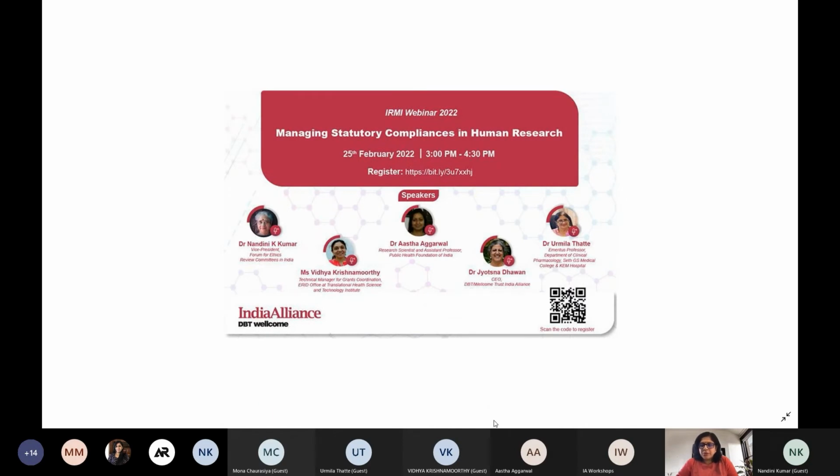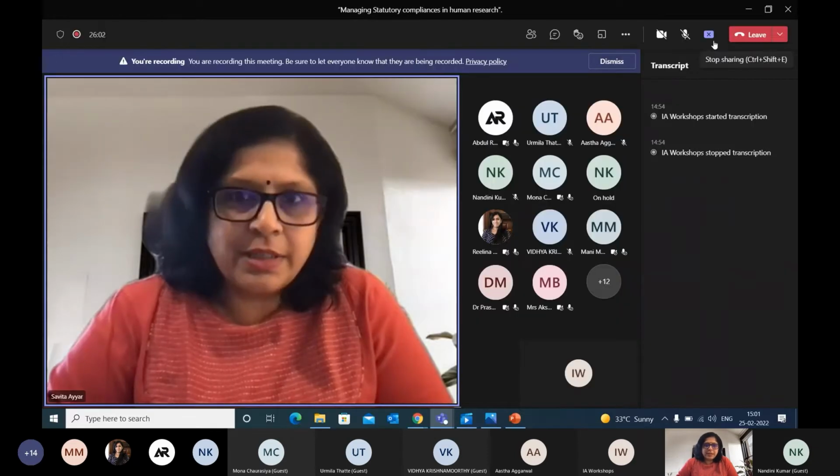For those of you who are new to IRMI or the India Research Management Initiative, this is an initiative of the India Alliance conceptualized and developed in 2019. And the goal of IRMI really is to contribute towards building robust research ecosystems in India through building capacity for research management and creating a community of practice for research managers in India.